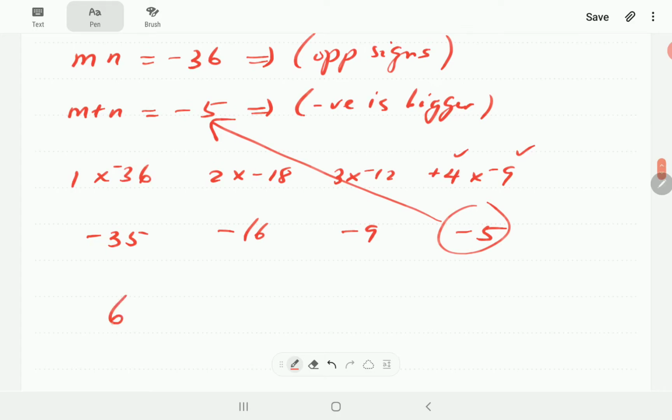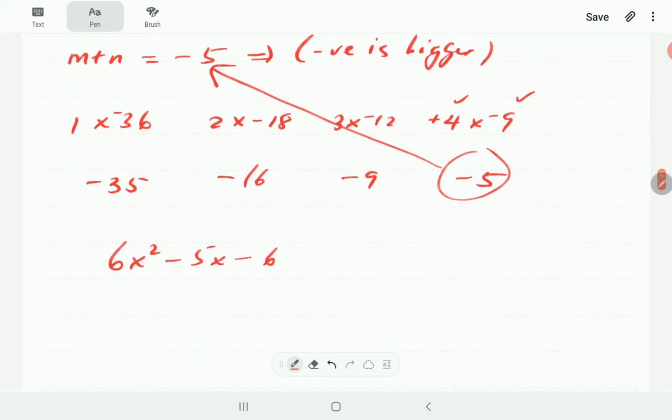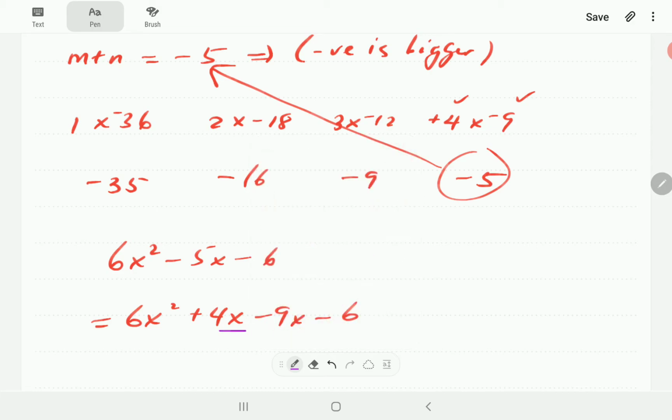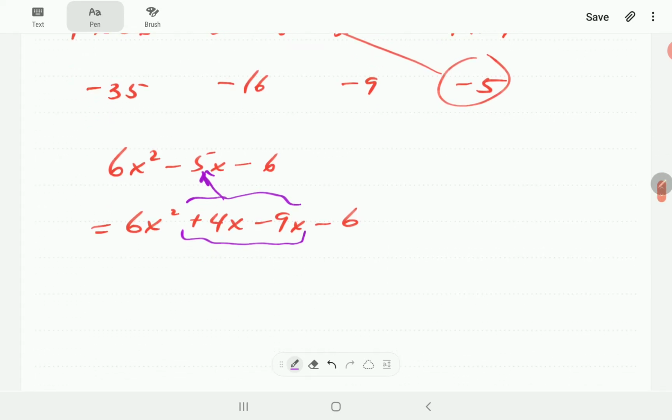So that means we're going to write 6x squared minus 5x minus 6 as 6x squared plus 4x minus 9x minus 6. Okay, so that's the decomposing.